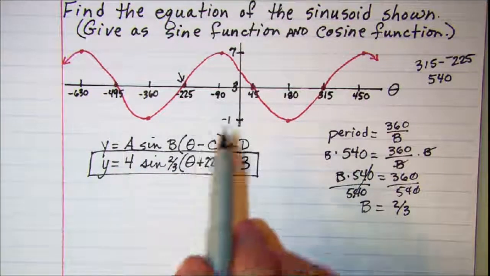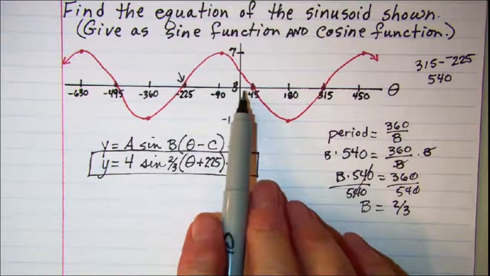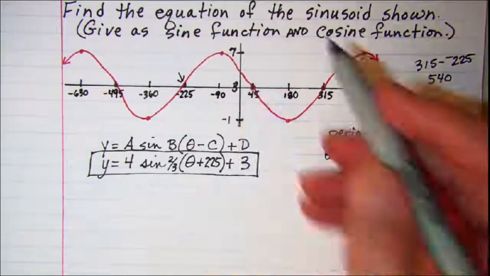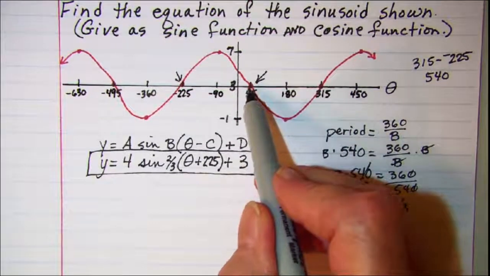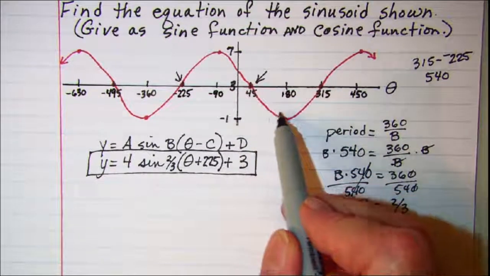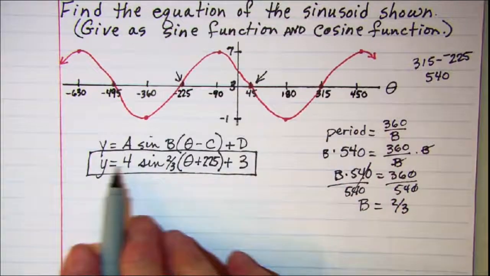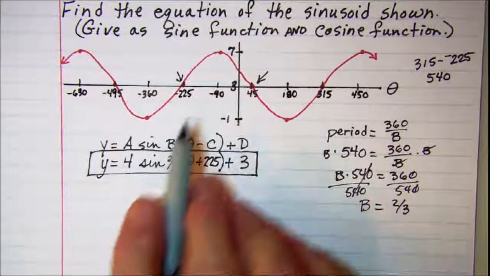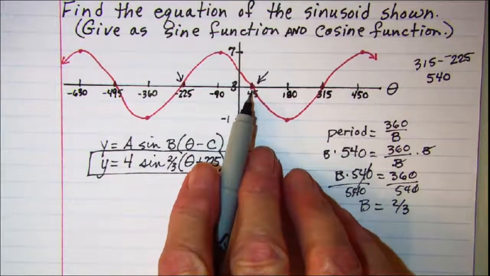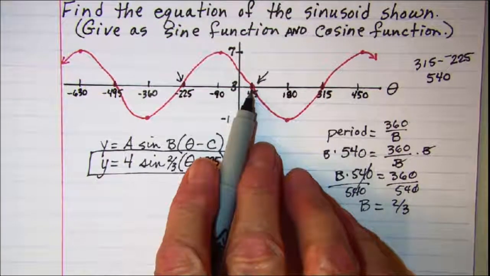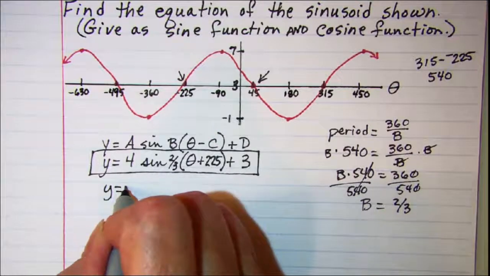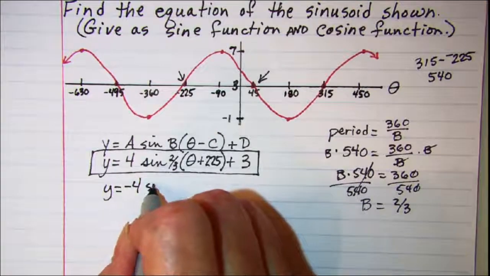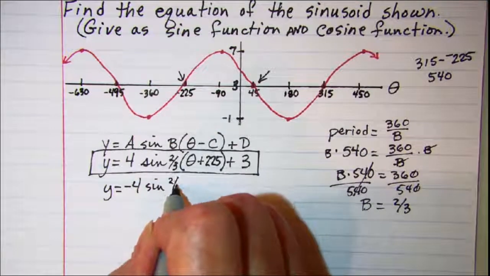Now if I wanted to do a negative coefficient, I could use this as my starting point because it's at the center line and it's heading downward. And nothing else would change here. All I would do is use a -4, so y equals -4, and then sine 2/3.